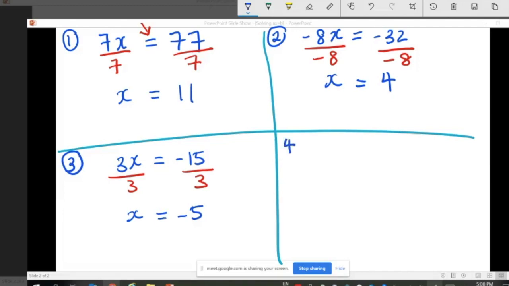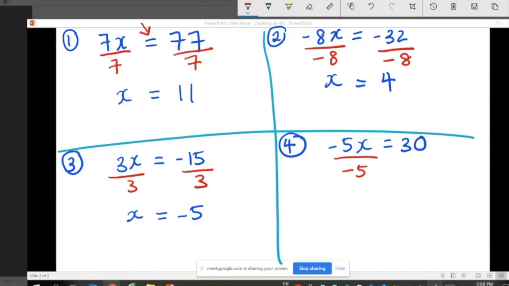Let's look at the last example. It is negative 5x equals 30. So there's a negative 5x, but I need to get to a positive 1x. In order to get to a positive 1x, I need to divide by negative 5. So let's divide by negative 5.